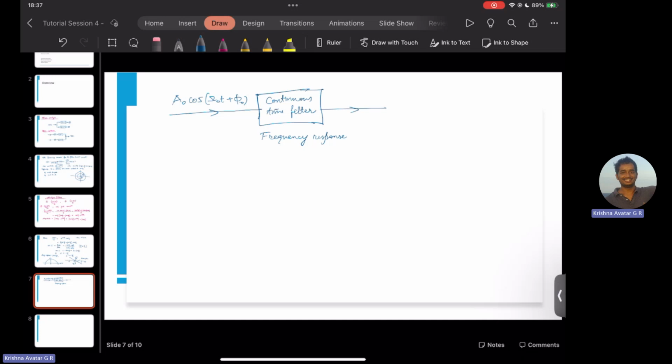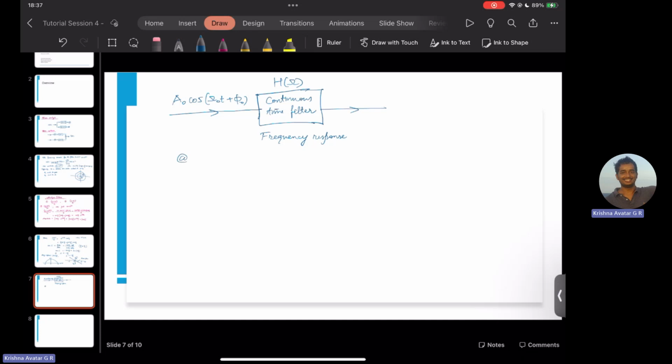Now, any such filter in the frequency domain is represented in terms of its transfer function, so H of omega.